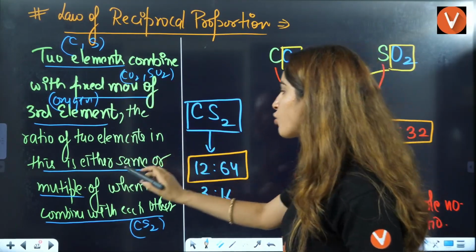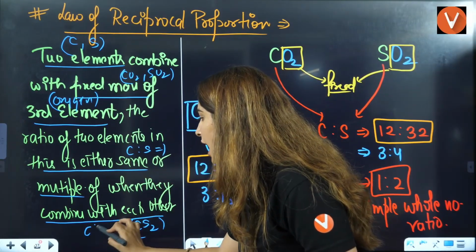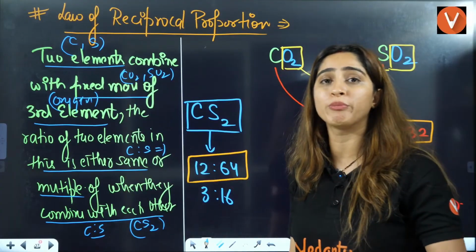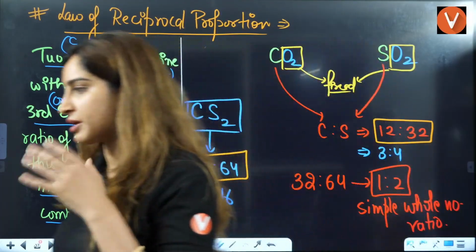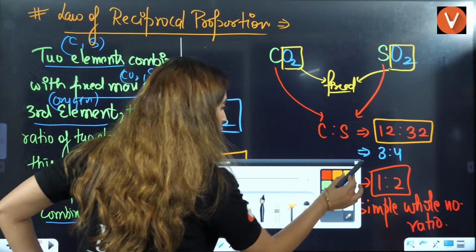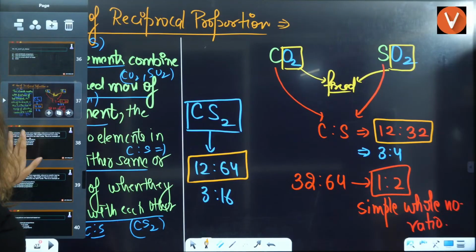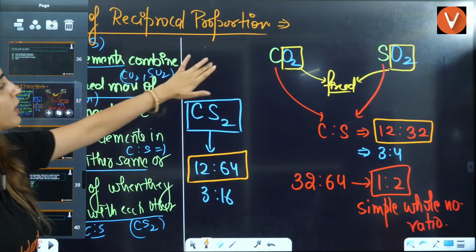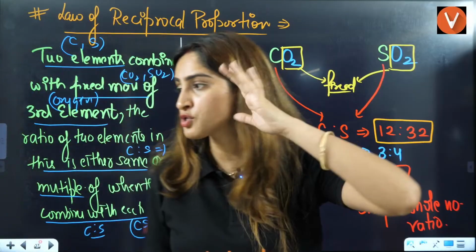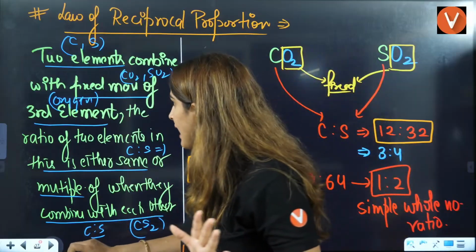So here the ratio of carbon and sulfur in this case and the ratio of carbon and sulfur in this case are going to be the multiple of each other or the same ratios, right? Okay, yes, everybody got it, right? So that is called law of reciprocal proportion, right? Okay, everyone, understood? Now let's do two more questions here, right?